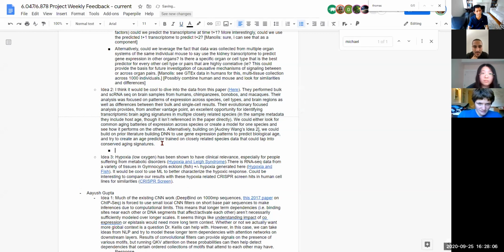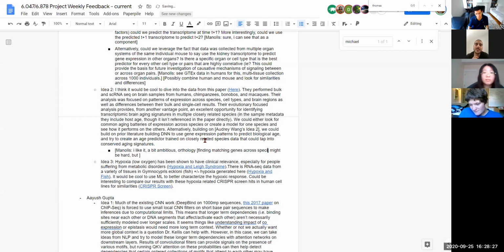What is orthology? Basically, orthology is finding matching genes across species. It would be nice if you had the same gene name in all of the species, but no, you have to use phylogenetic methods.